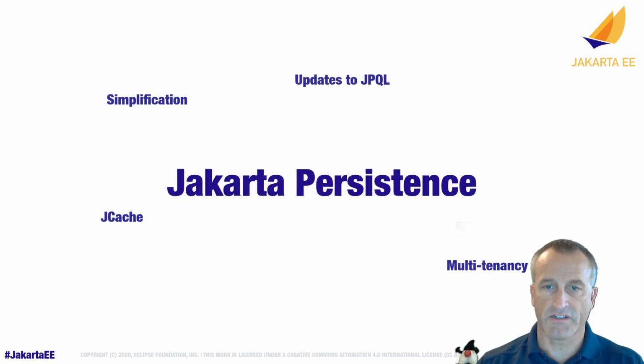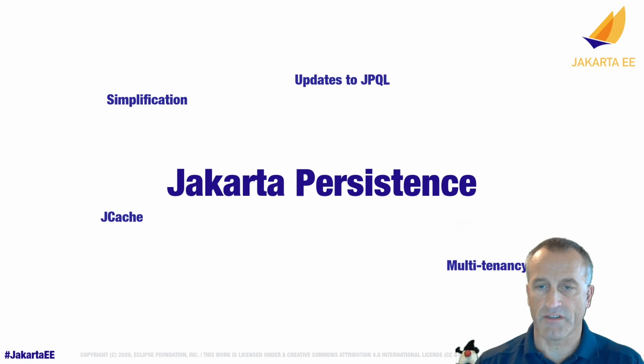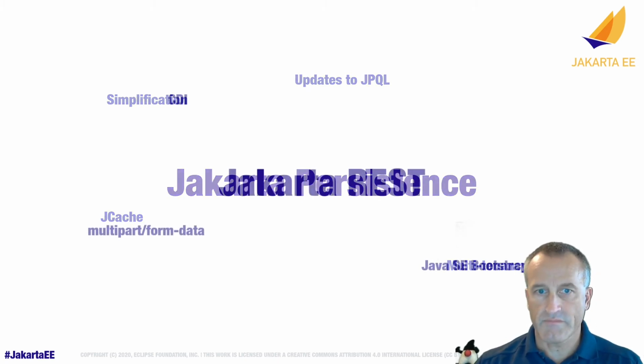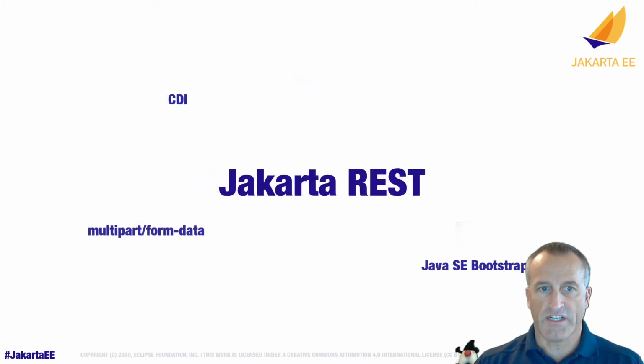For persistence, we're looking at updates to JPQL to make it a little simpler to use. Maybe look at some common caching mechanisms like JCache. Multi-tenancy support is something that has come up as well. For Jakarta REST, they will continue the CDI alignment, maybe add some support for multipart form data, and also the Java SE bootstrap mechanisms.